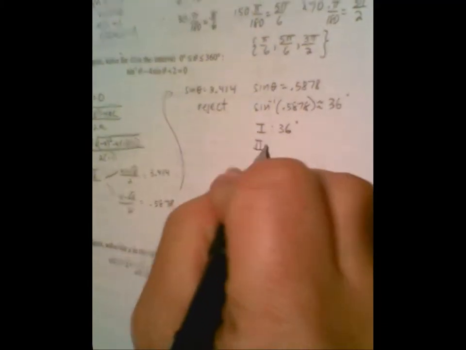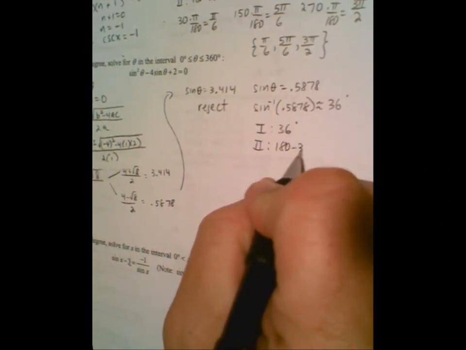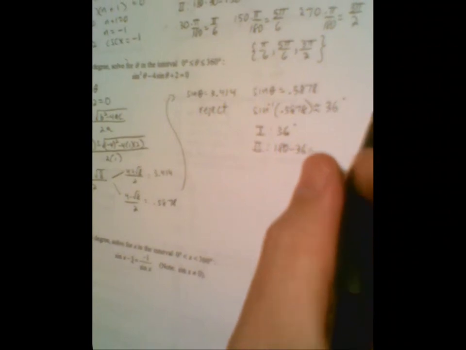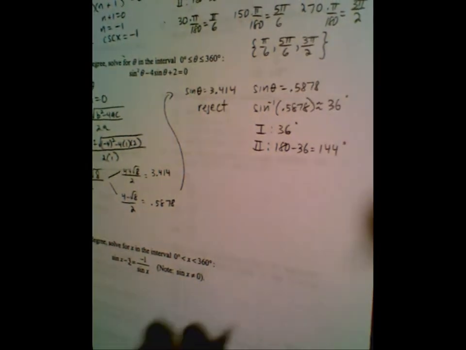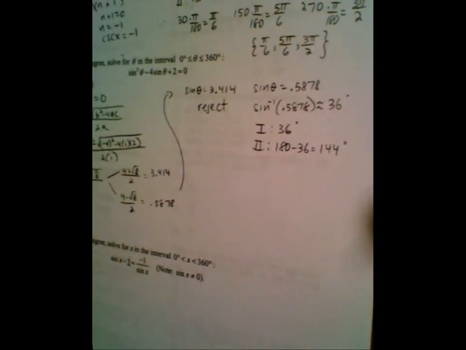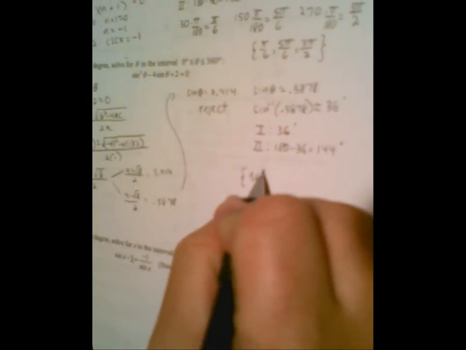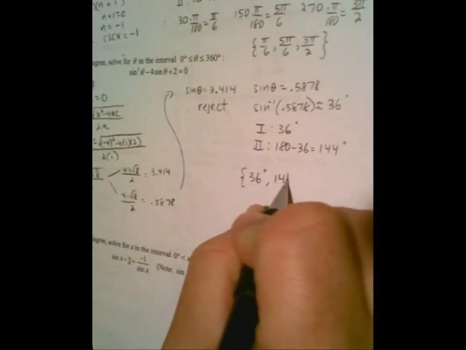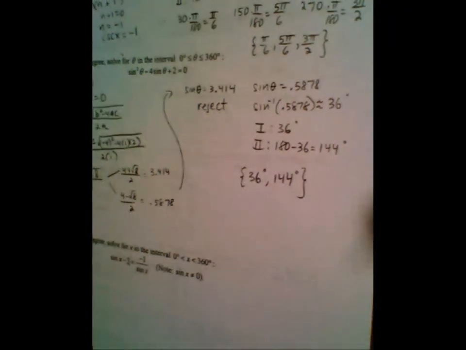In quadrant 2, 180 minus 36 is 144 degrees. So the answer to this question is 36 degrees and 144 degrees. So that was a bunch of examples, okay?